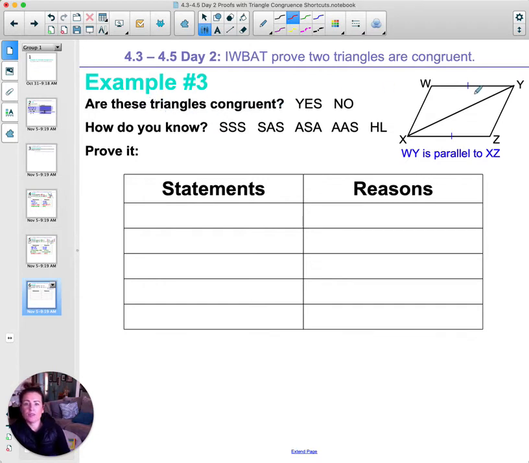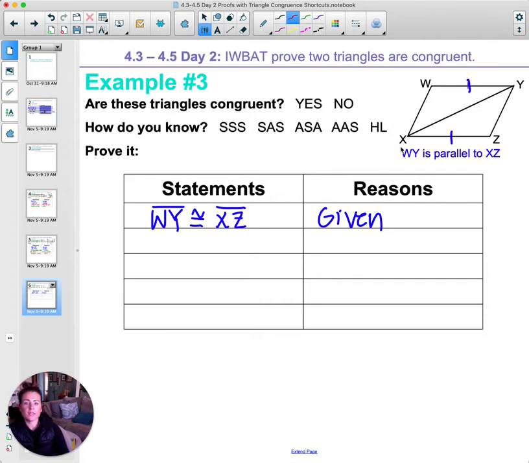Last example, so taking a look at these triangles here, okay, so I'm just going to start writing the givens in here. So we've got WY is congruent to XZ, that was given to us, okay, so that's our given from the picture. That's our one thing that was given to us as congruent.